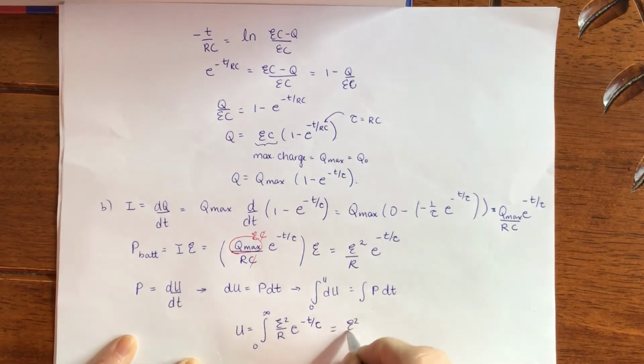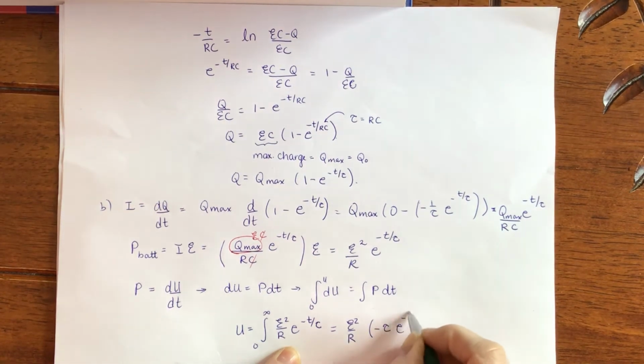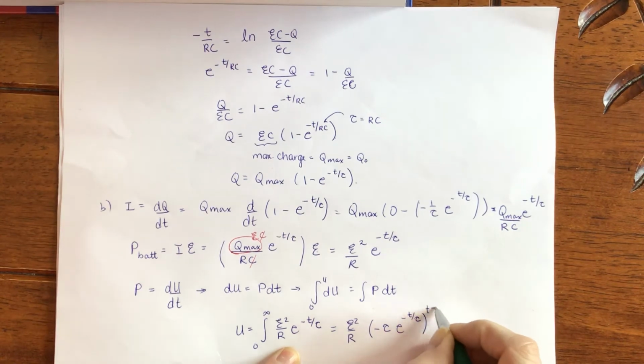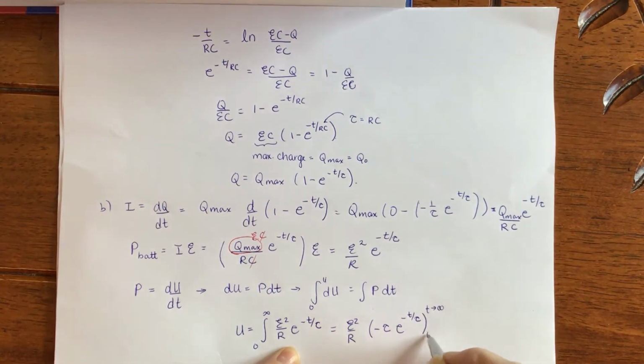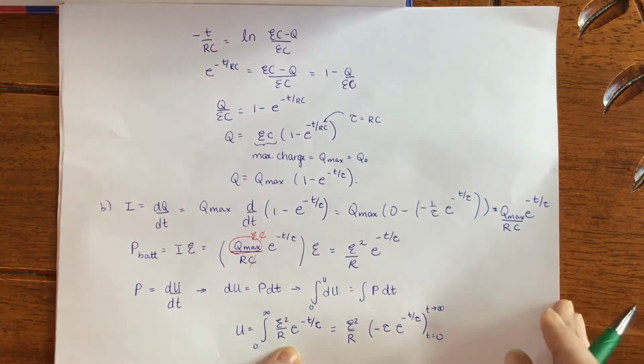So epsilon squared over R comes out front. The integral of e to the minus t over tau will be minus tau times e to the minus t over tau. And that's going to be evaluated as t goes to infinity and at t equals 0. So let's put in the limits of that integral next, and then we'll get the total energy supplied by the battery.